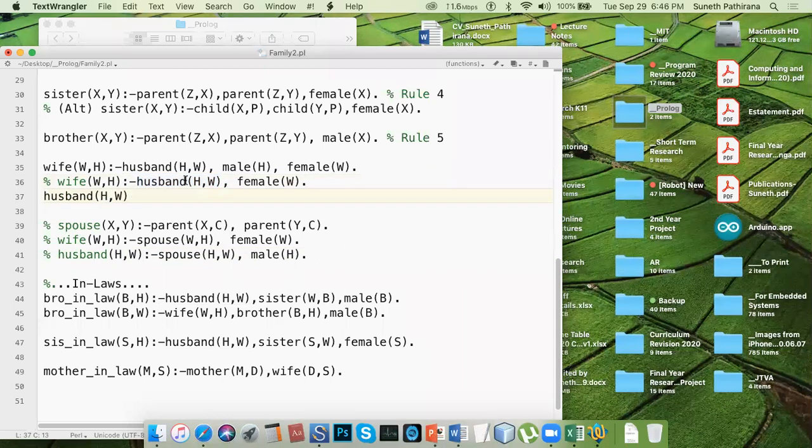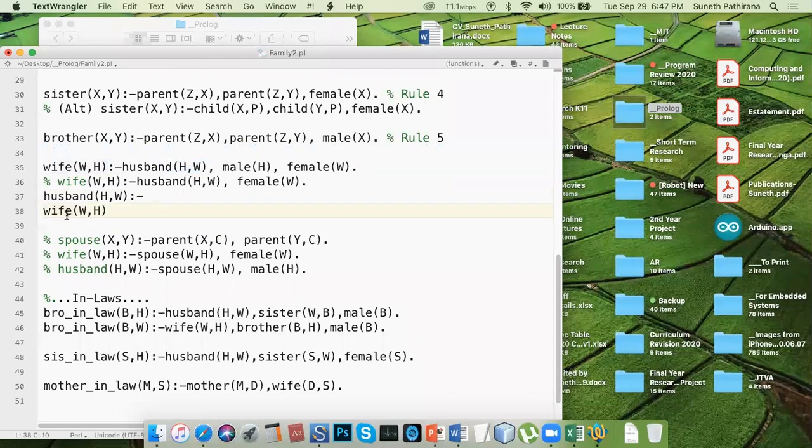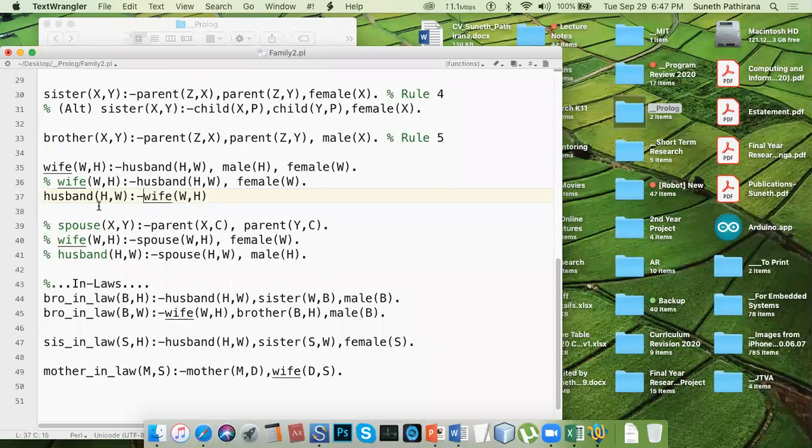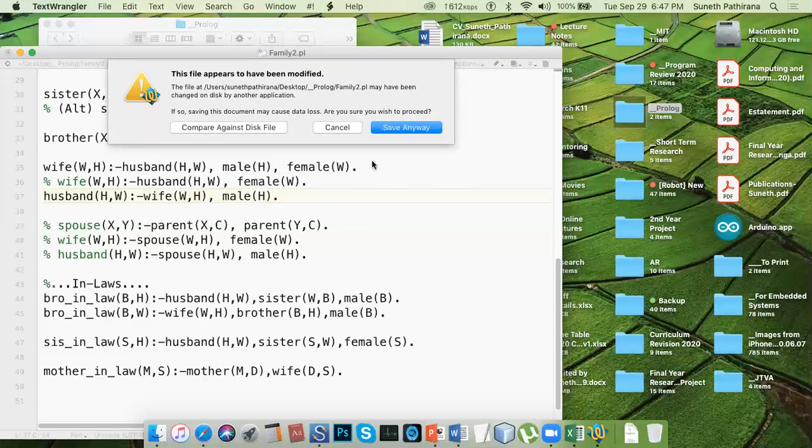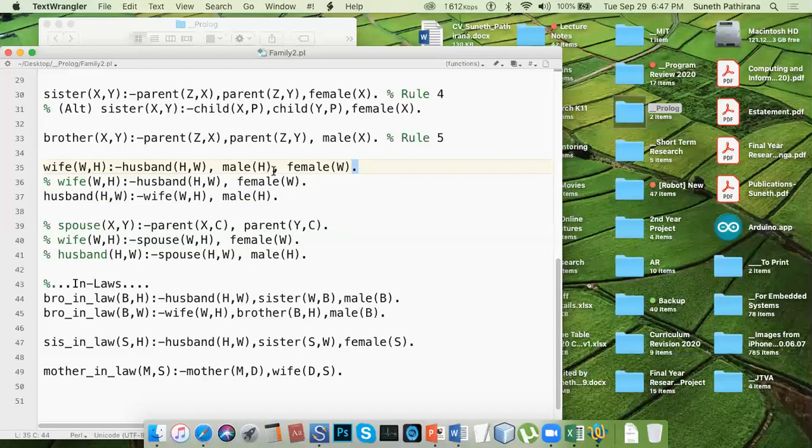Who is a husband? Since we have defined the wife relationship, who is the husband? The inverse of wife. Inverse of wife means wife, husband. And this husband must be a male person. That is already checked above at the wife relationship, but better to double check.